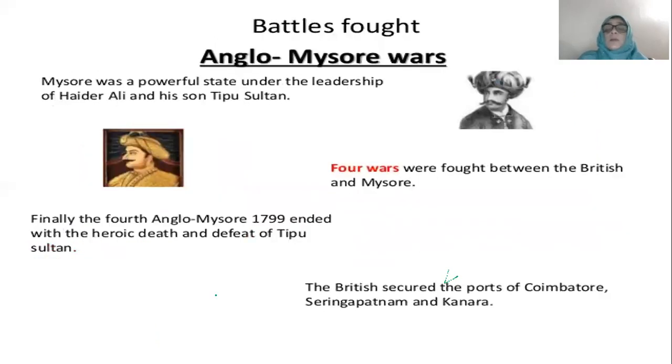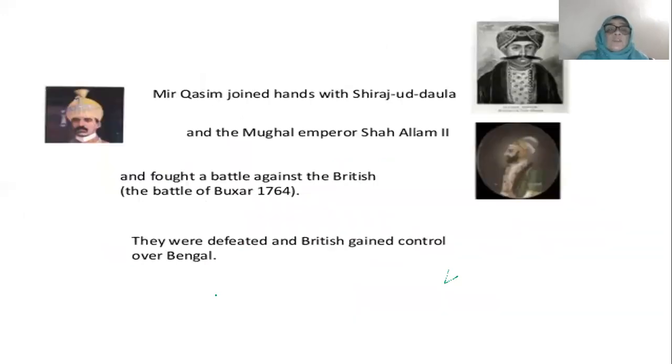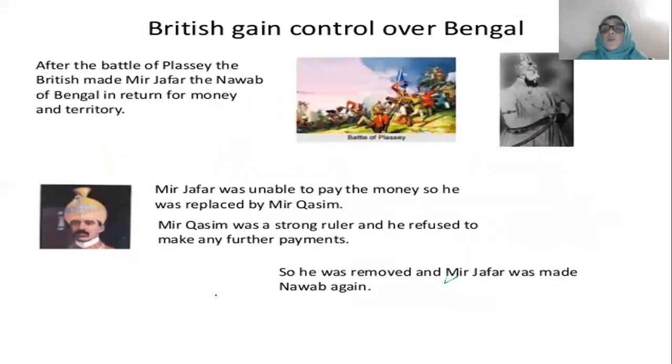Why was Sindh annexed? Sorry, I'm so sorry. Who was Hyder Ali, who was Tipu Sultan, who was Mir Qasim, who was Mir Jafar, what was the Battle of Plassey, what was the Battle of Buxar, what was EIC, who was Aurangzeb. All these are four markers, right?